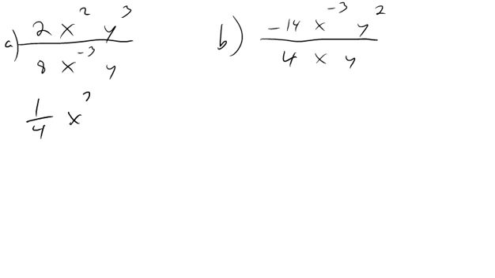So x to the 2 minus negative 3. Remember, when minus negative, two negatives together becomes a positive. And y is 3 minus 1. So here we have x to the 5, y to the 2 over 4.